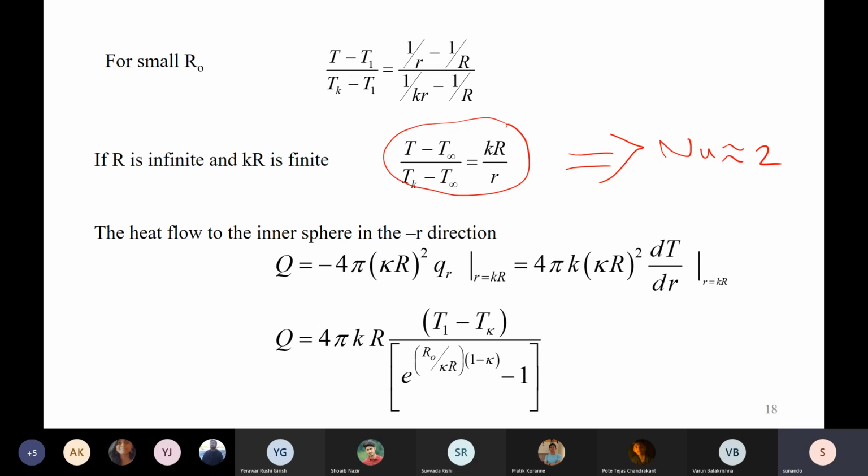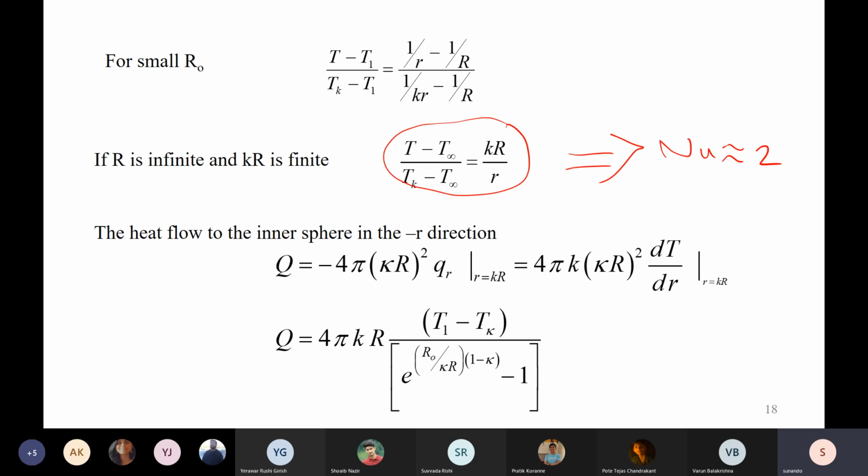Because the amount of heat to be extracted must be equal to the heat which comes to the inner sphere. So what is the heat that is coming to the inner sphere? It is 4 pi r squared, and the r is kappa R over here, times q_r evaluated at r equals kappa R. So that's the amount of heat which reaches the inner sphere.